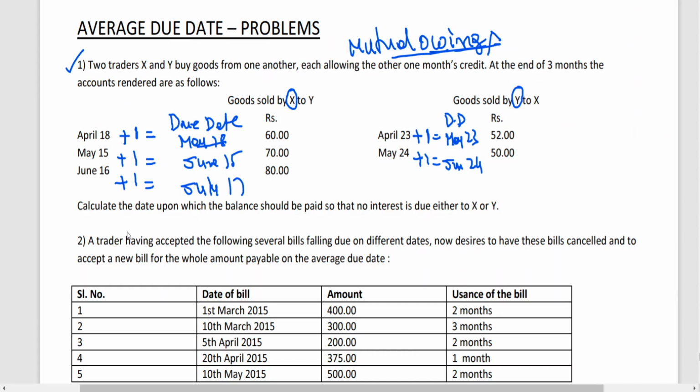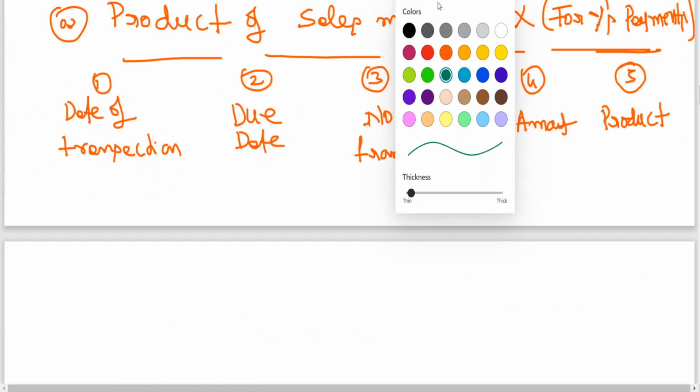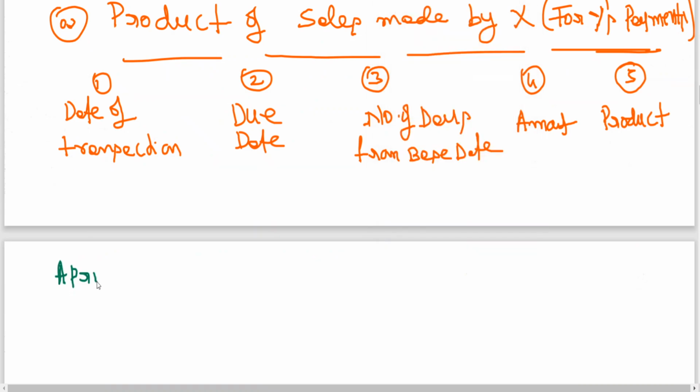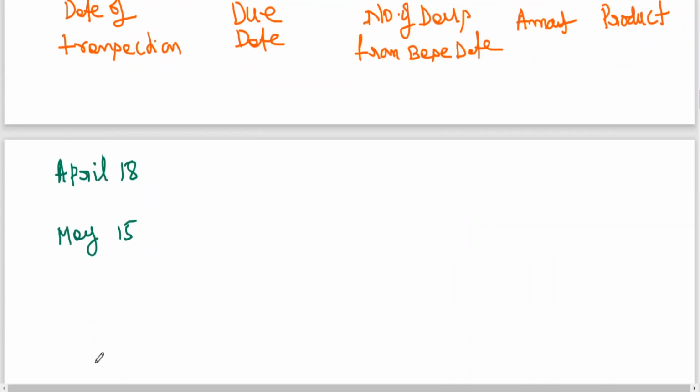Now let me take this. Date of transaction has been given. I'm talking about this one: April 18, May 15, June 17.